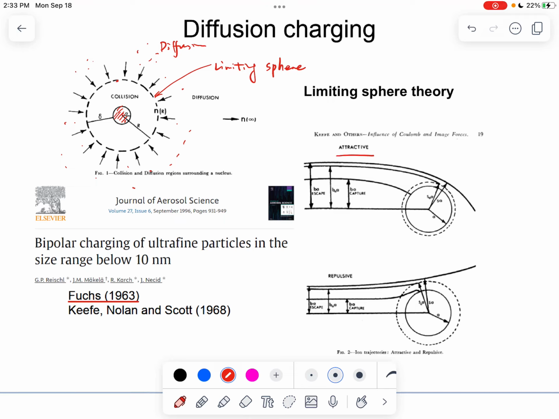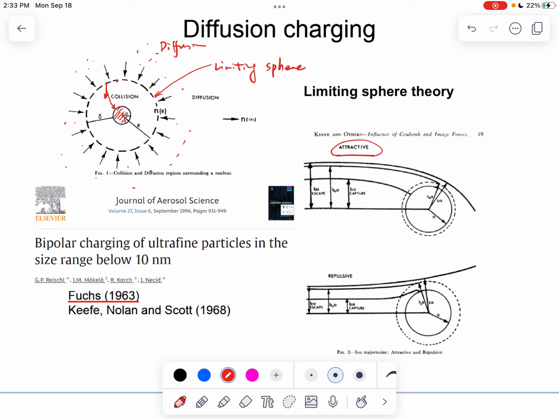So when you have an attractive force, even if the ions are moving this way, not directly facing the particle, they will still get captured by the particle because of the attraction.